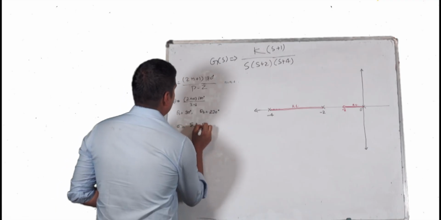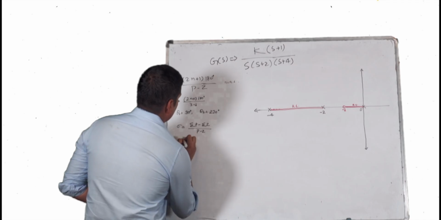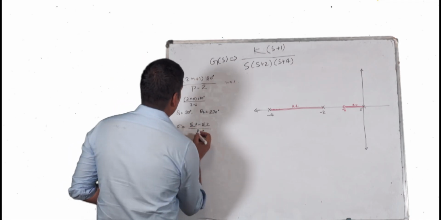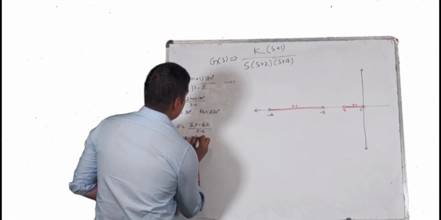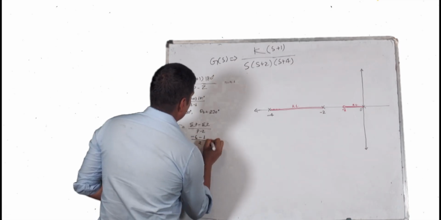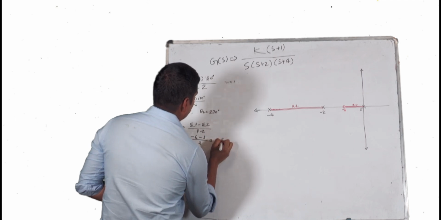Centroid is the summation of poles minus the summation of zeros, divided by p minus z. The summation of poles minus the summation of zeros gives us minus 6 minus of minus 1, divided by 2. So it is going to be minus 2.5.